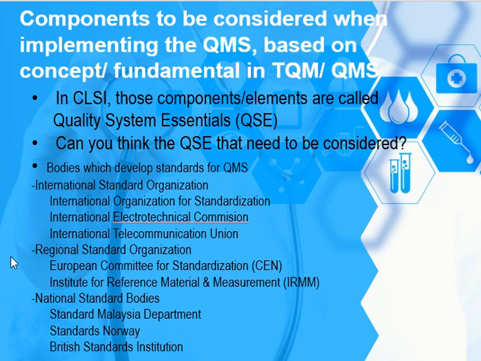And for regional areas, there are bodies that develop the standard. And for the national level, in Malaysia, we use the Standards Malaysia Department. Standards Malaysia Department is the body that manages the standard and quality management system in Malaysia.